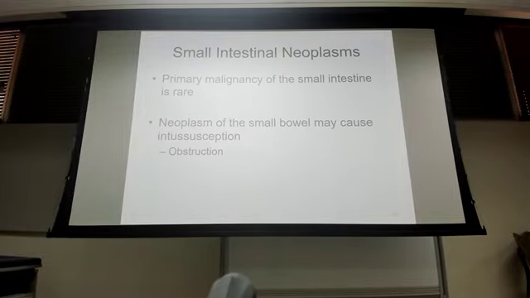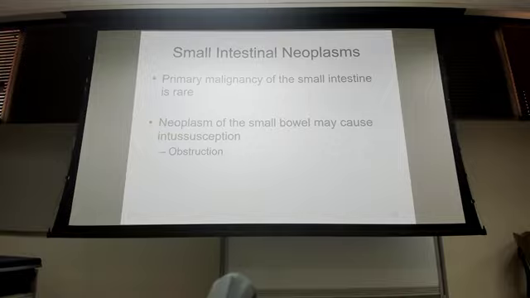Cancer, primary tumors of small intestine, pretty rare. With GI malignancies, they're normally in large intestine, up, like we talked about yesterday, stomach and esophagus. But they do exist, and if you have a tumor in your small intestine, what can it cause? We just finished talking about it. Right? Can be a physical obstruction. It can be a mechanical obstruction.